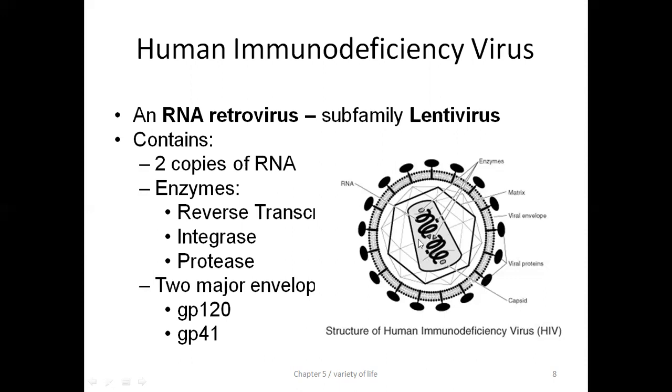We have two copies of RNA present, and we have three enzymes present inside. These enzymes are not active inside the viral body. However, when the virus attacks the human body, these enzymes become active because they start to share the biochemical machinery of the human body.